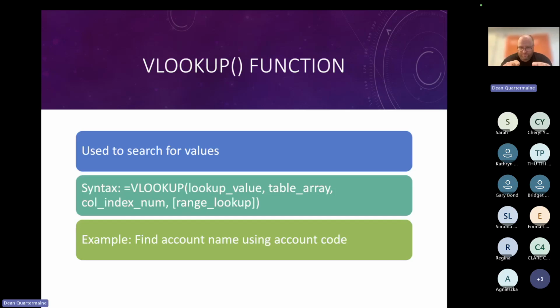Now that's optional. You don't need to put that in. But essentially, you can say whether or not you wish it to be approximate values or exact matches. I personally, I've been doing this for years, don't see any real reason why you'd want an approximate match.